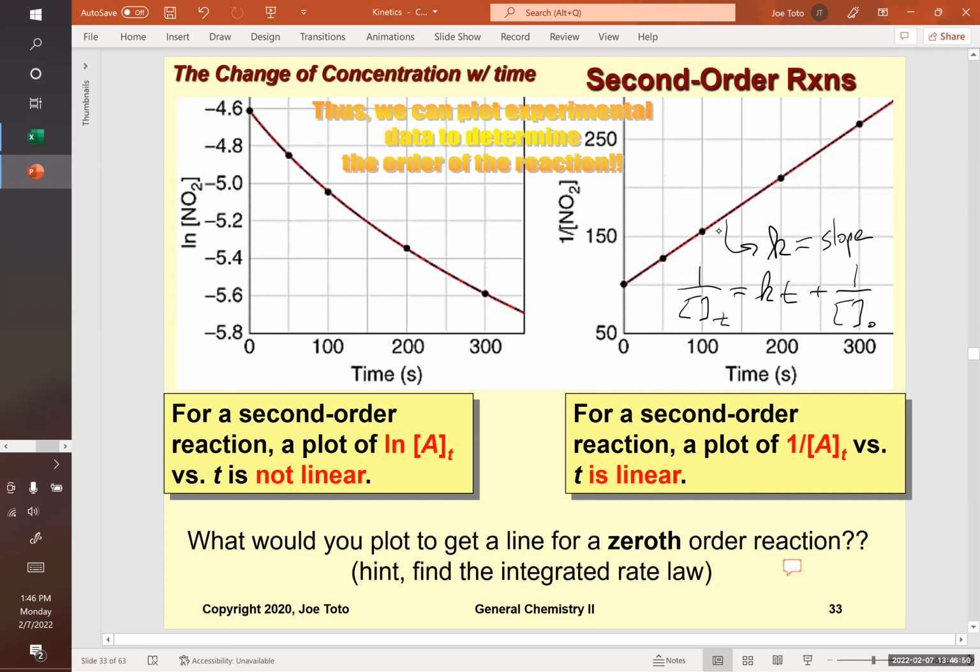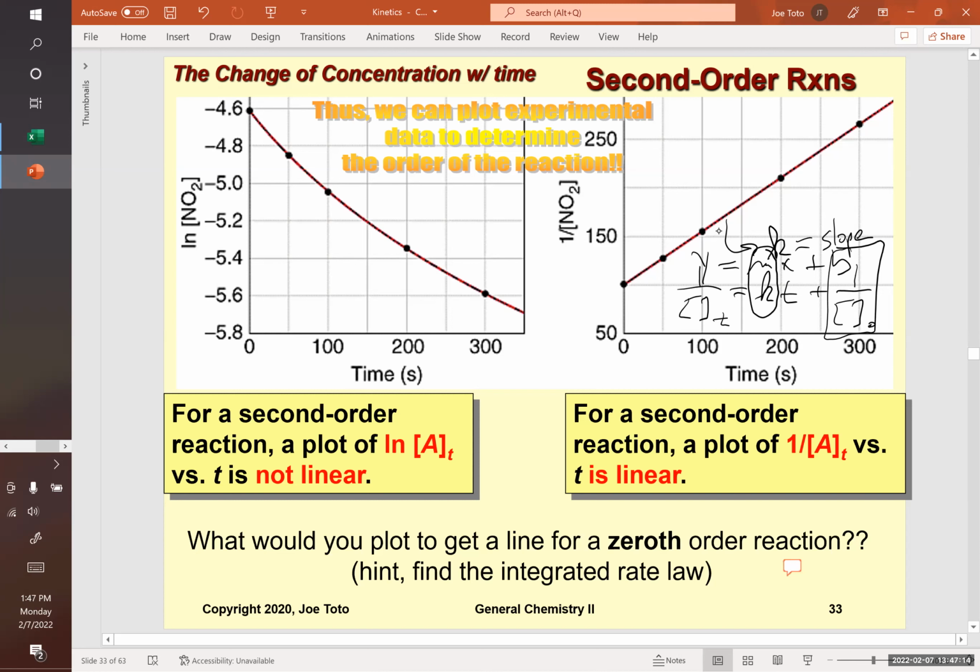That's the integrated rate law for second order. So you see that if I make the analogy for this line, then Excel's going to say y equals mx plus b, and m is going to equal k. And the slope is related to 1 over the concentration.